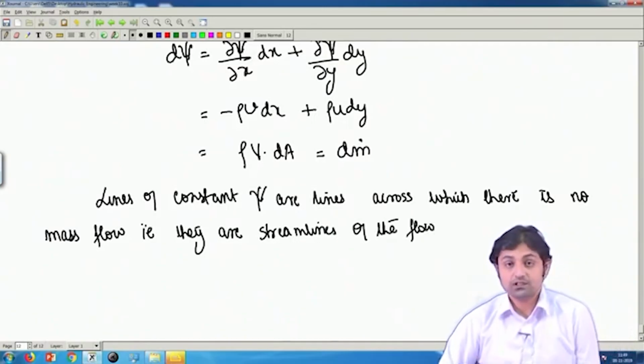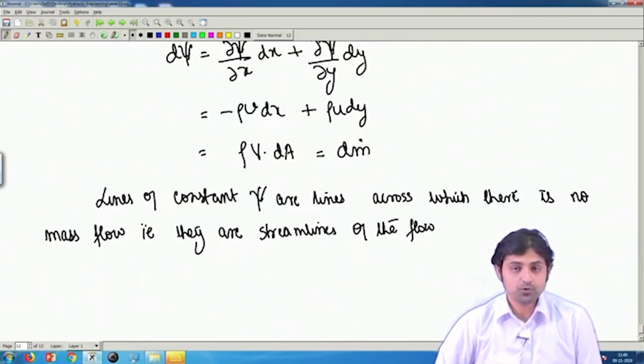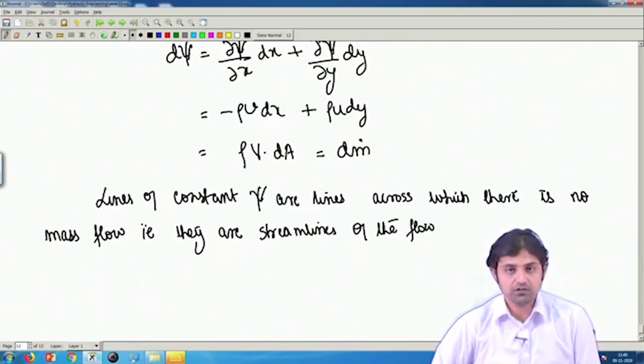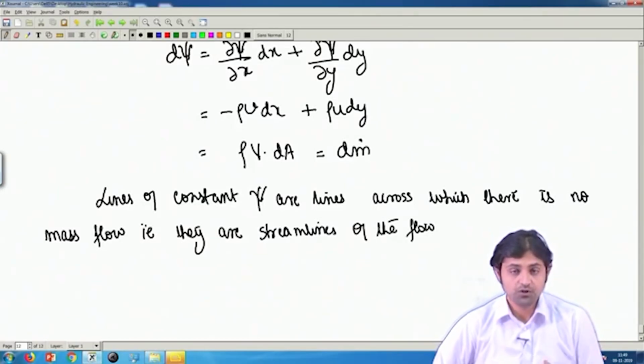So you are noticing that in this particular module the way of approaching the streamlines and the continuity equation has been very different. We have started from scratch and tried to show what we have learnt in our fluid mechanics class.